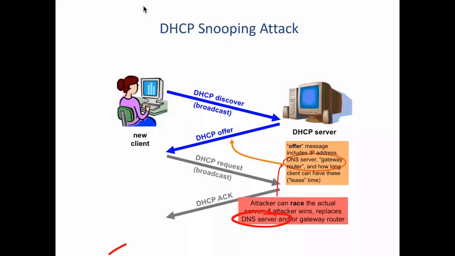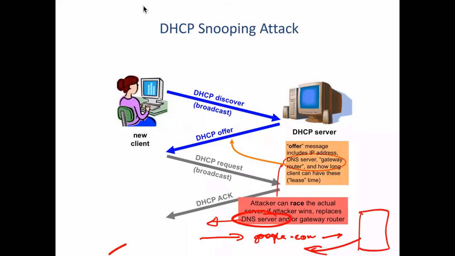Now, how can it be misused? The simplest thing is that Alice gets a wrong DNS server name, and she will send a request for google.com to that server, which is malicious and can respond with an IP address that belongs to a malicious site.